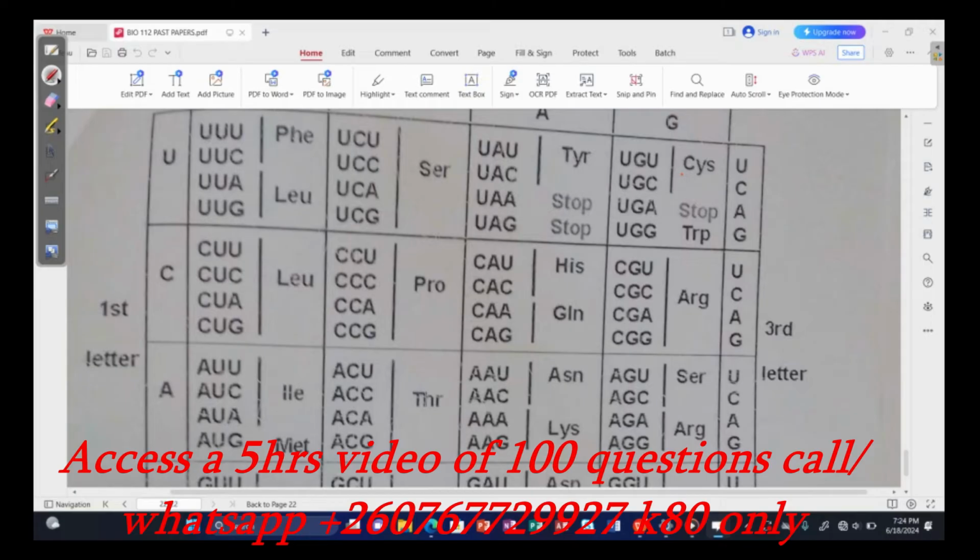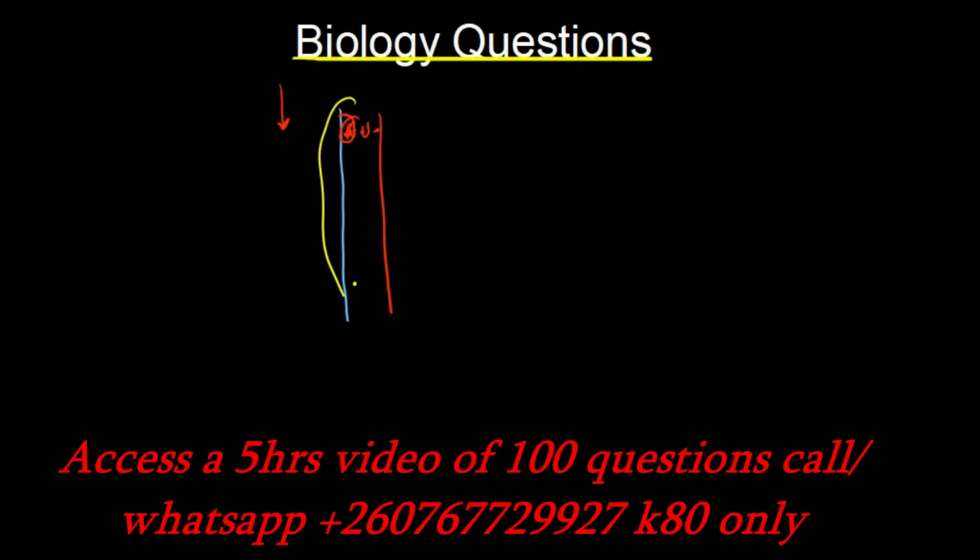We have UUU, which is here, and we also have UUC. UUC also codes for phenylalanine. So it's true that UUU is just one of the codons which codes for phenylalanine. So the correct answer there is option D. That is for question 13.